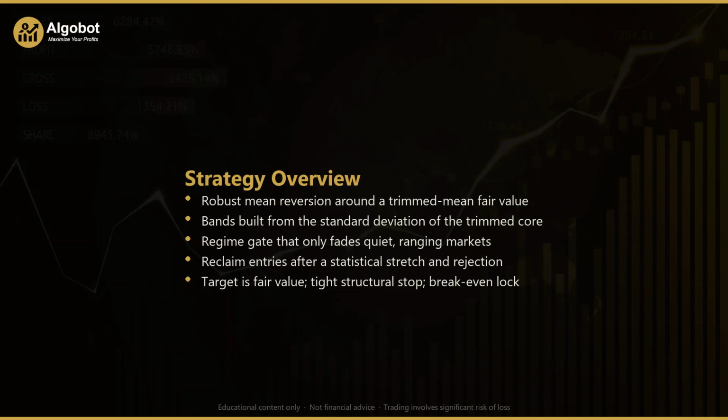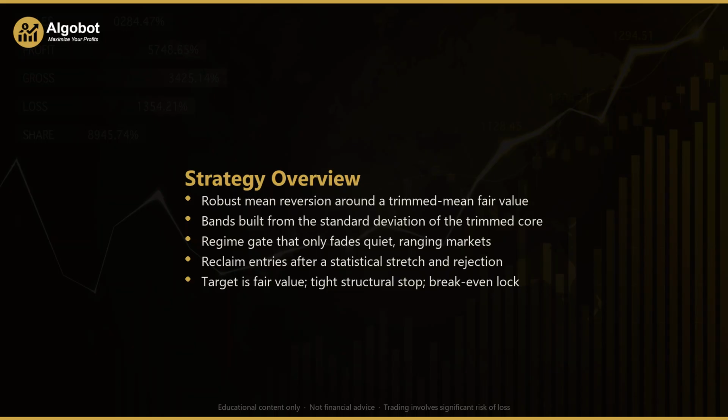Over a look-back window of closing prices, it sorts them, discards a fixed percentage from both the top and the bottom, and then averages only the central core. That central average is the trimmed mean, a classic outlier robust measure of location. The bandwidth then uses the standard deviation of that same trimmed core, so both the center and the spread ignore the fat tails that dominate currency markets.